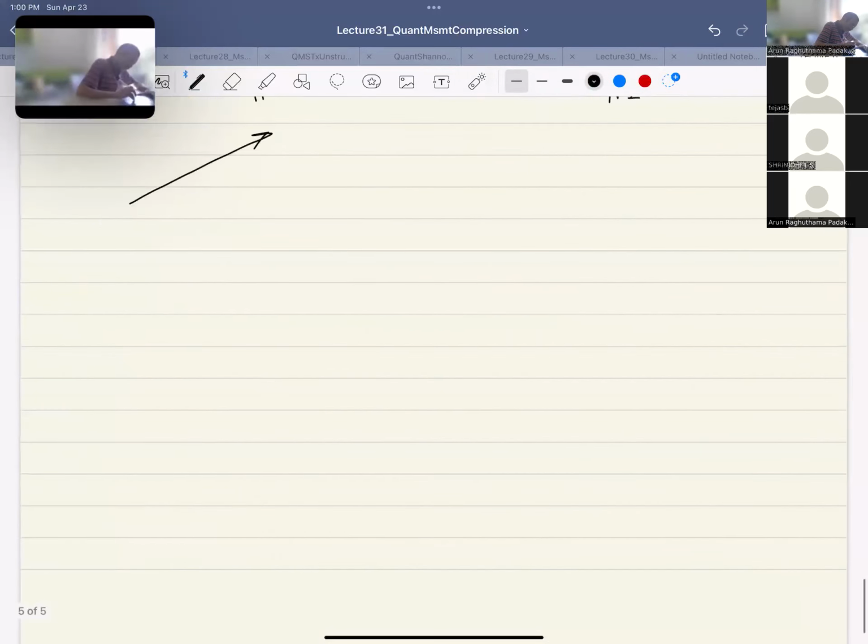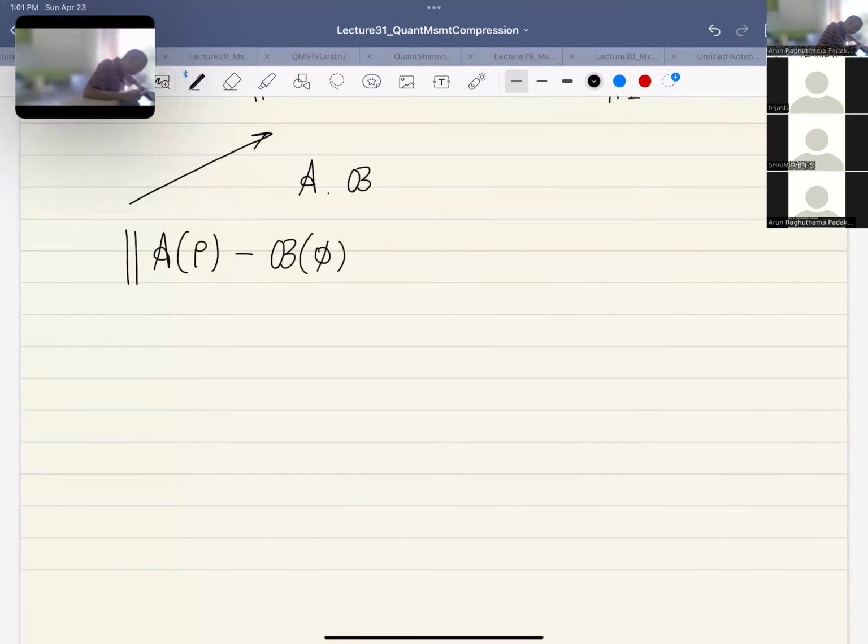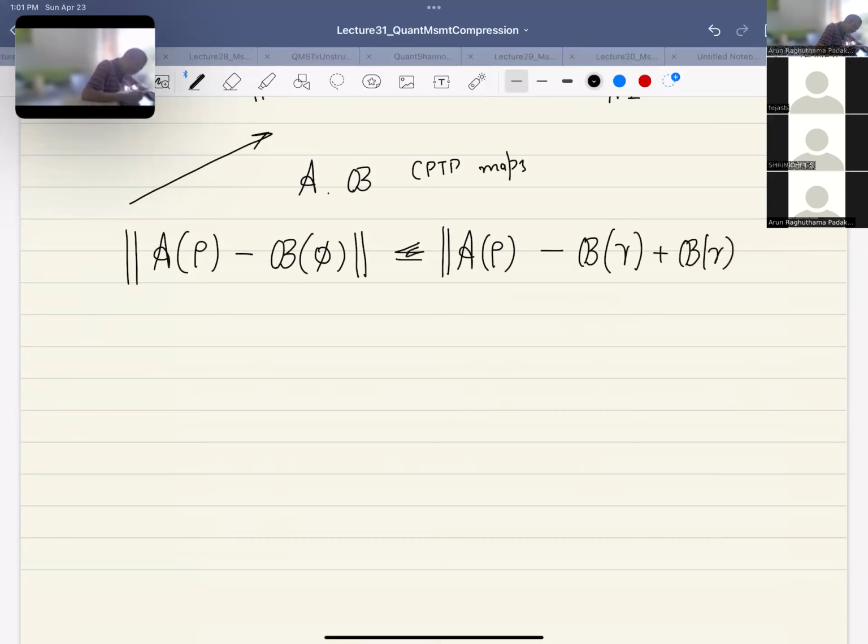So see, if I have two CPTP maps, A and B, then A operated on some state rho, minus B operated on some phi. Can I write this as A rho minus B gamma plus B gamma minus B phi?